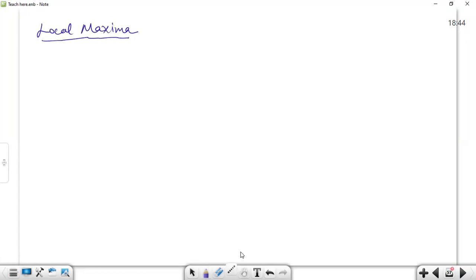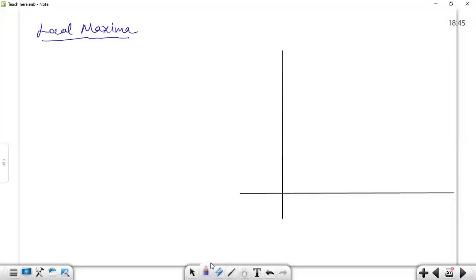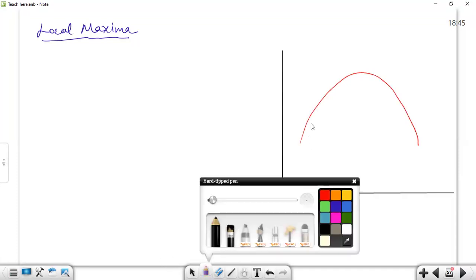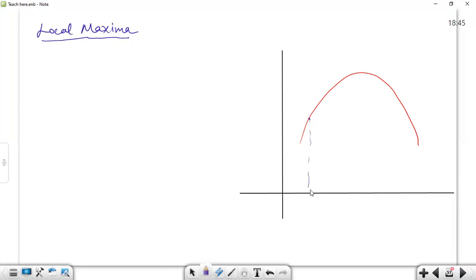Okay, so let's draw a graph first. Let us say this is a curve of the function, and let's name this point A, this is point B, and this particular point at the height is point C. So what is local maxima?